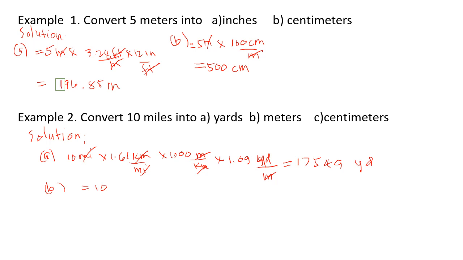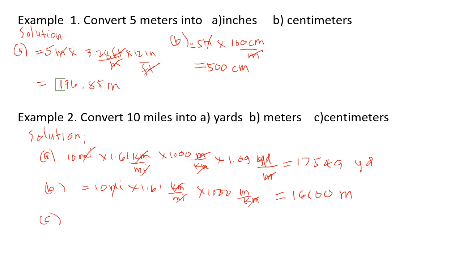For letter B, equals 10 miles times 1.61 kilometer per mile times 1,000 meter per kilometer. Cancel mile, mile, kilometer, kilometer. So we have 16100 meter.